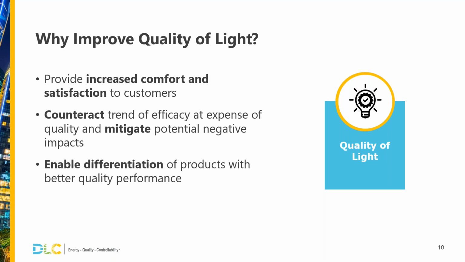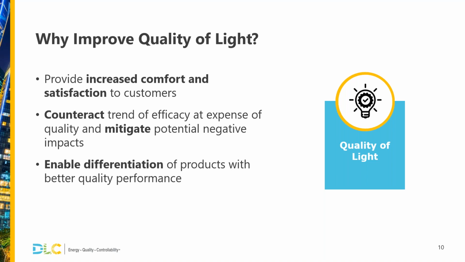So why improve quality of light? Well, let's first start by defining what we're talking about when we say quality of light. We're referring to the aspects of light that impact things like productivity, performance, comfort, safety, and much more. And these are very important things for customer satisfaction. As research continues to improve our understanding of how light affects humans, it's essential to support development and installation of products whose virtues go beyond saving energy.